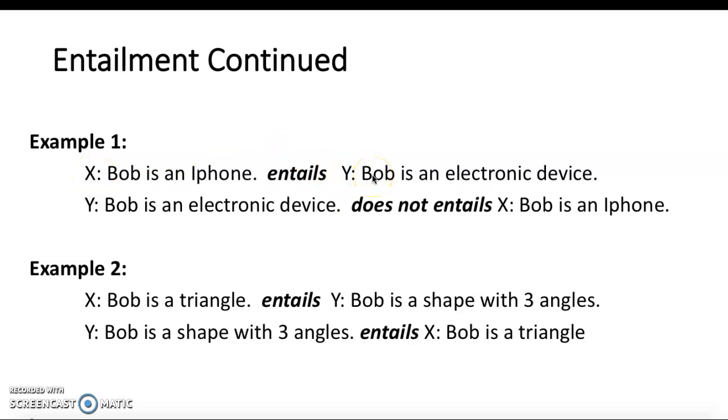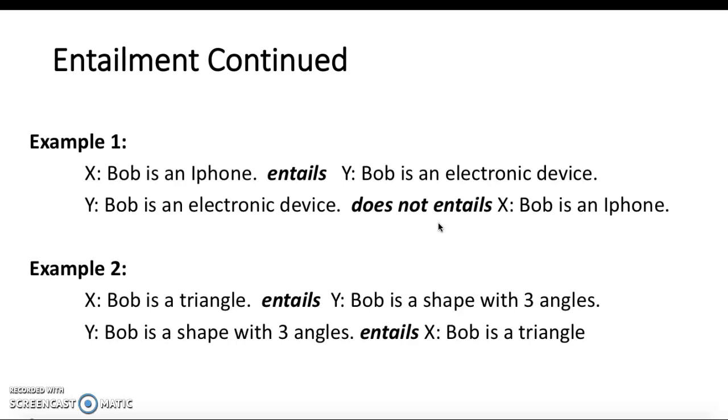But note that the entailment does not go the other way. Bob being an electronic device does not entail that Bob is an iPhone. Even if it is true that Bob is an electronic device, does it follow, or does that entail, that Bob is an iPhone? Well, no. First off, we don't even know who Bob is. But let's assume that you take me at my word that Bob is an electronic device.